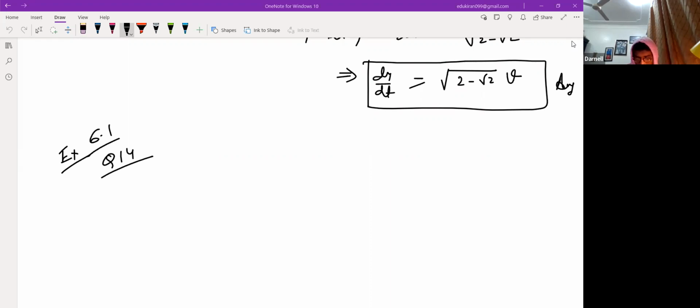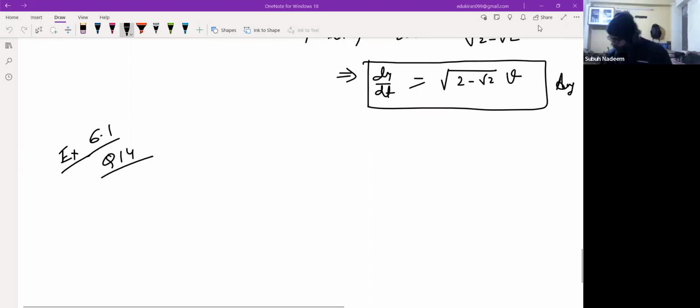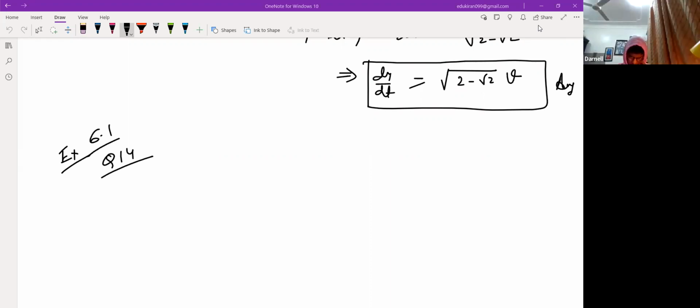So for the first one, it's 1 by 48 pi. 1 by 48 pi. Okay. Yeah, it is correct. What is the unit? Centimeter per second.